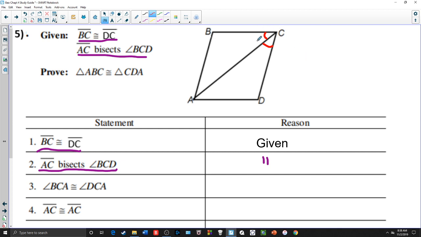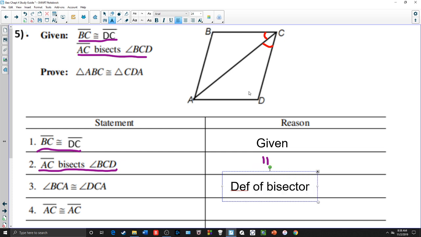Well, once again, they're definitely not vertical. They don't form an X shape, so we can toss out vertical. We don't have any parallel lines that are given to us. There's nothing in our given statement that says something is parallel to something. So it cannot be alternate or corresponding, because alternate or corresponding requires parallel lines to work. So if those two are out, the only one left is what we call definition of bisector.